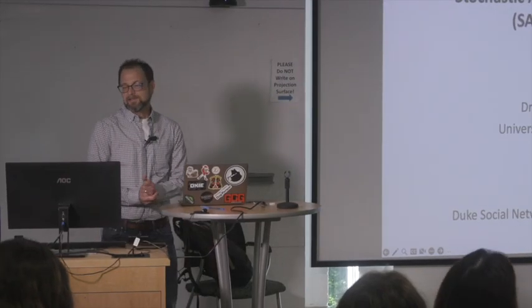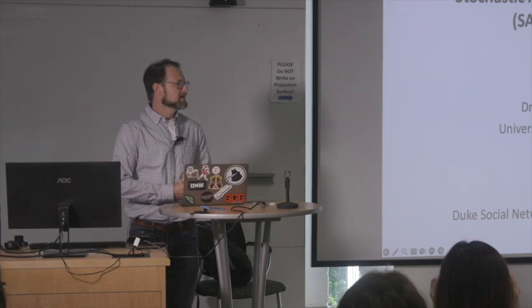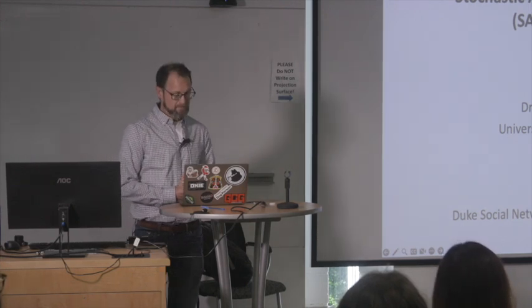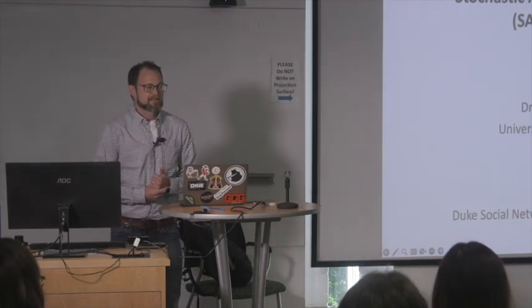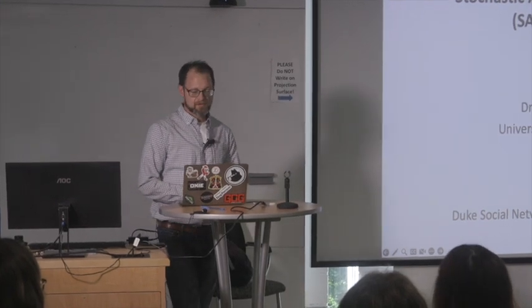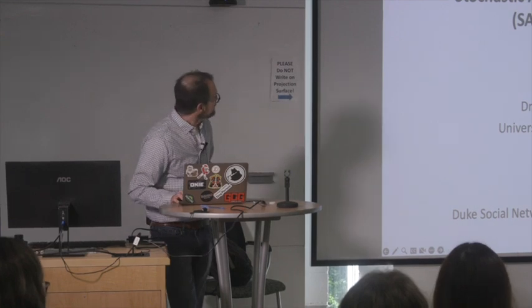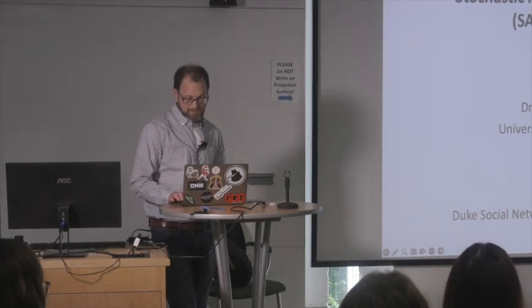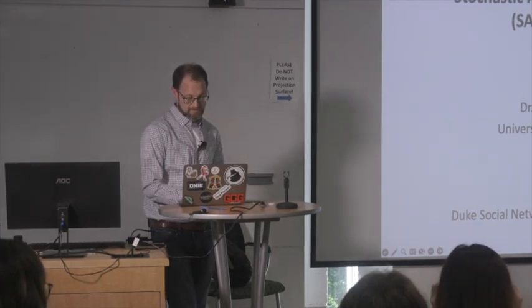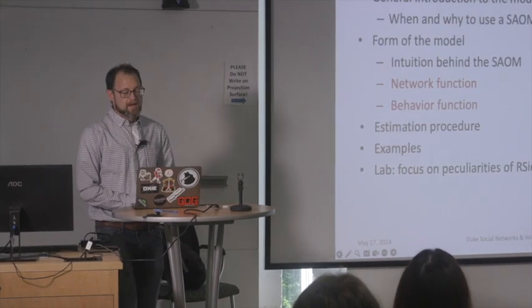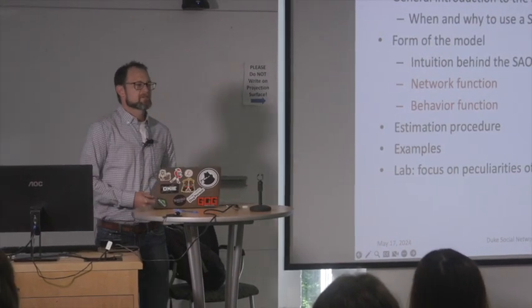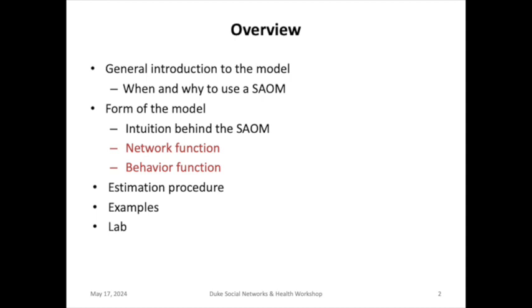So I'm going to talk about SIENA models. My goal for today is to really give you an introduction to the model, what it can do, and why you might want to use a SIENA model.